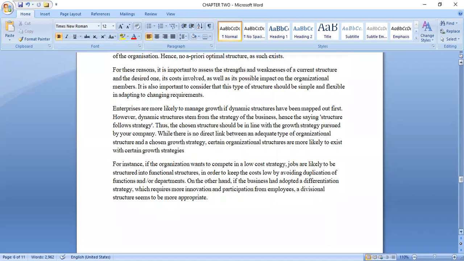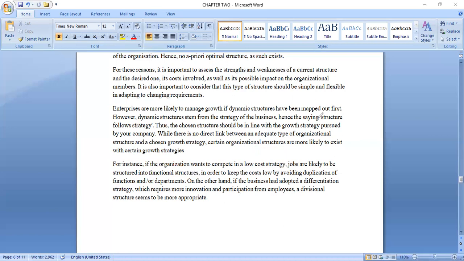For example, if it is a low-cost strategy, where the business is focused on minimizing costs, then at the end of the day it will have to use a functional organization structure, because we've seen that functional organization structure applies to small businesses, and one of its advantages is that it is cheap and efficient to use. Why? Because they are not complex.